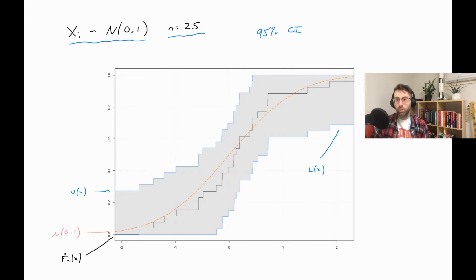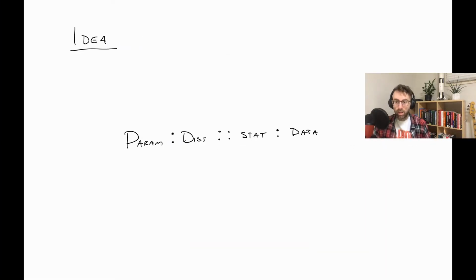Okay, so that's cool. We can estimate any distribution function with this one simple thing, and then we can also put bounds around that, so we can estimate it with uncertainty. So that's pretty neat. But let's build on this idea. I want to put forward this notion here.